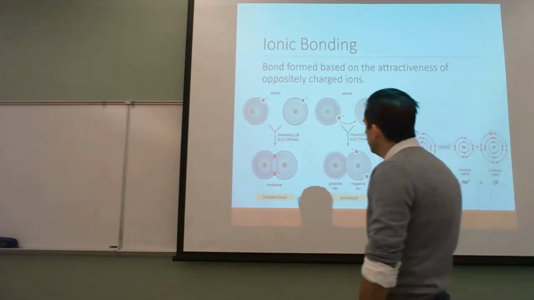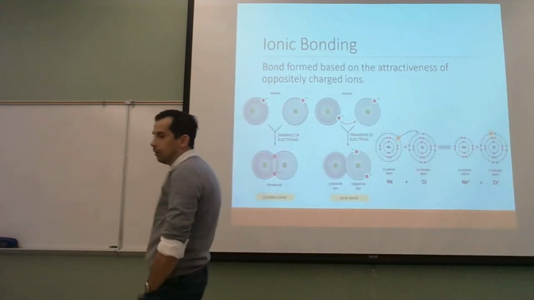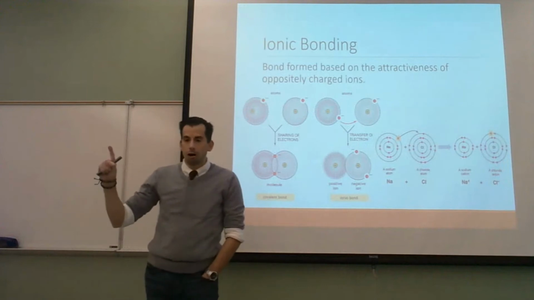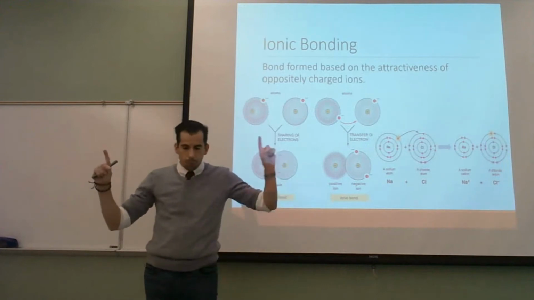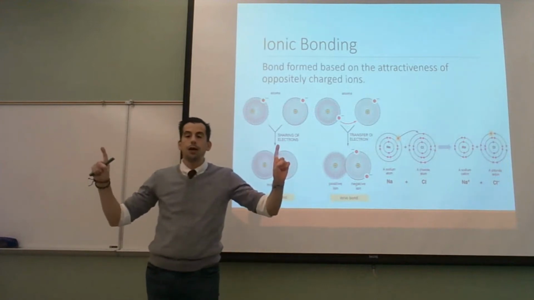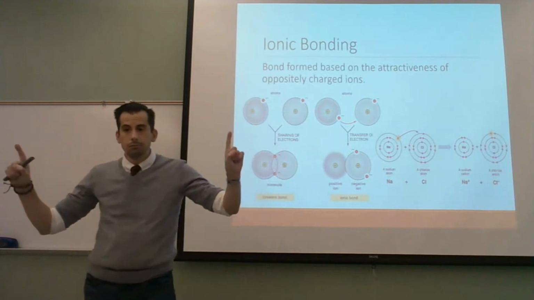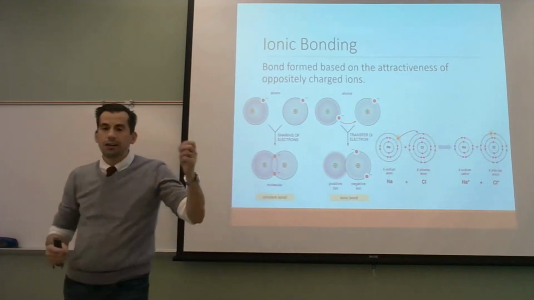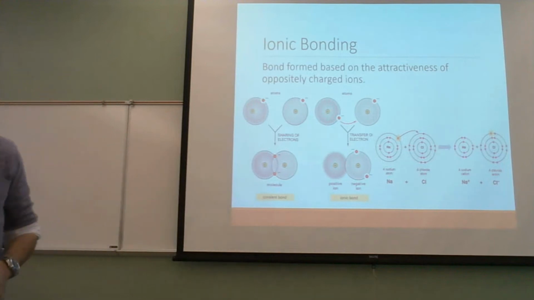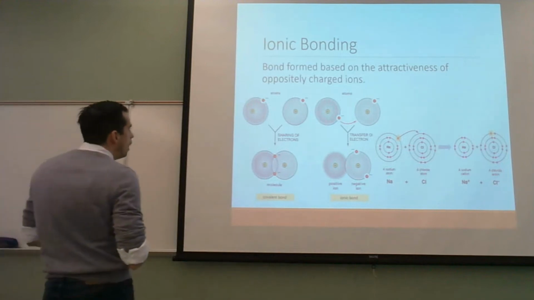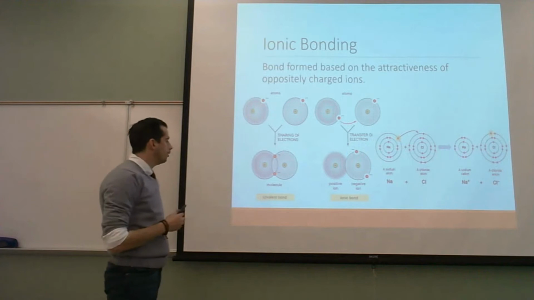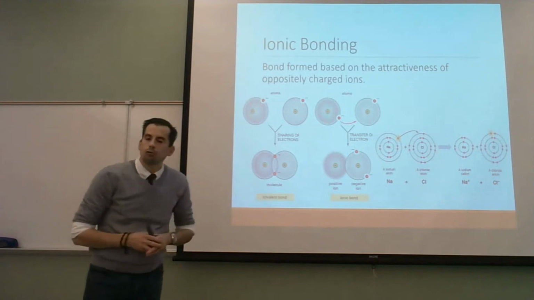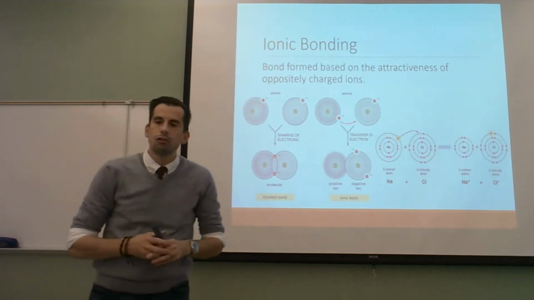What would you suppose would happen if we got one negatively charged ion and one positively charged ion? What would they do to each other? Those opposite charges are going to attract. That's ionic bonding. We take two oppositely charged ions, we bring them into close association with each other.